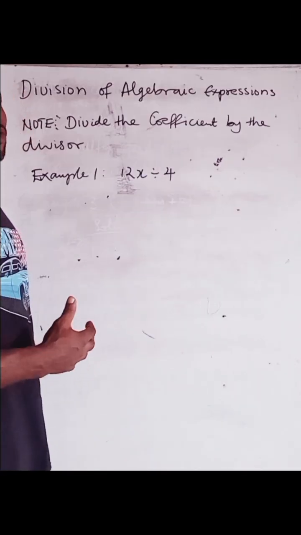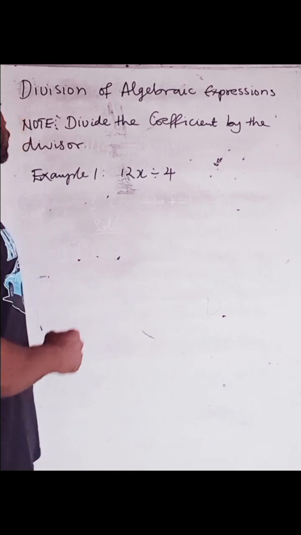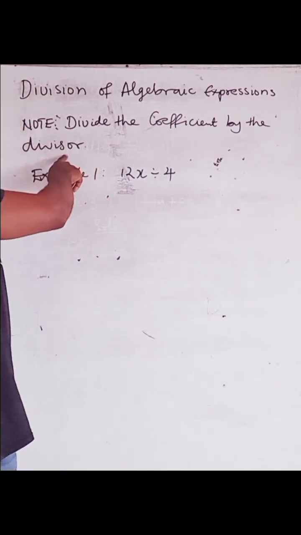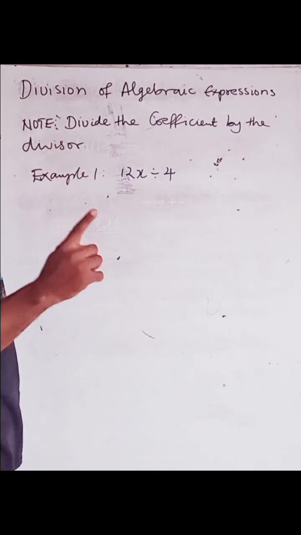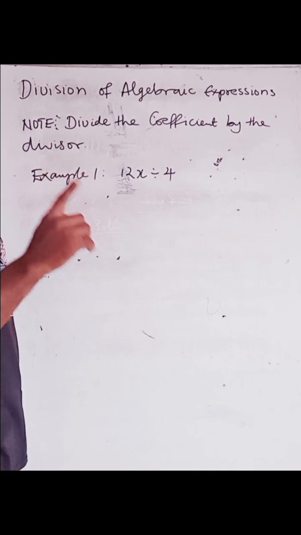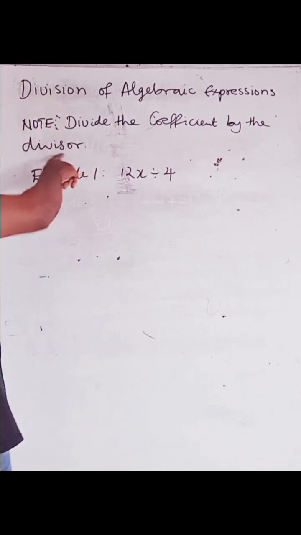When you're dividing algebraic expressions, you have to observe this rule. Divide the coefficient by the divisor. So take note of this. When you are dividing algebraic expressions, the first thing you need to do is to divide the coefficient by the divisor.